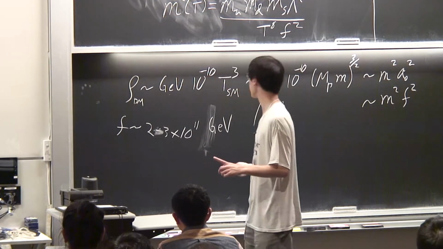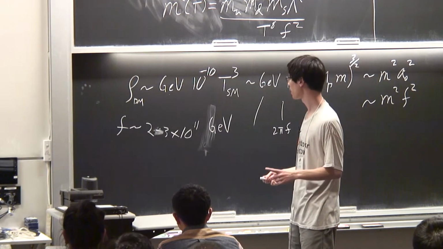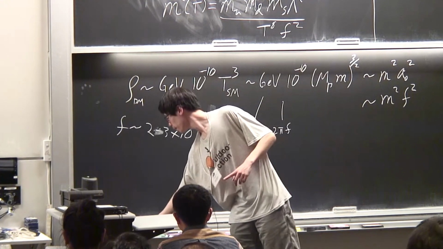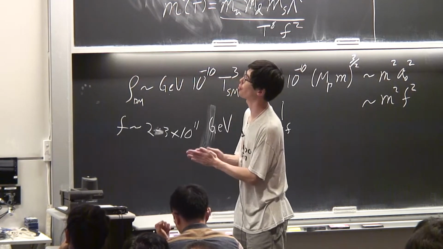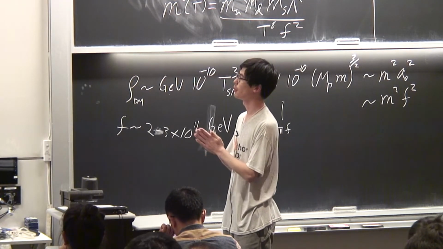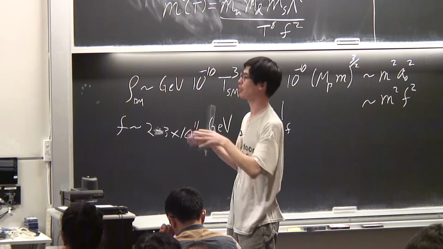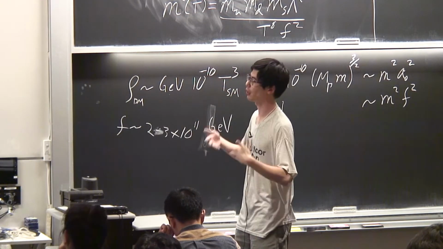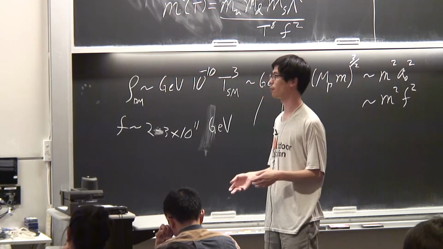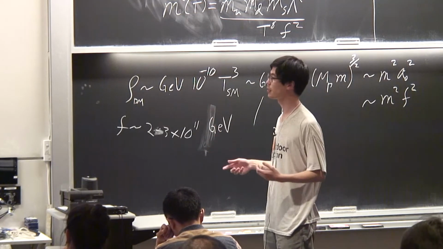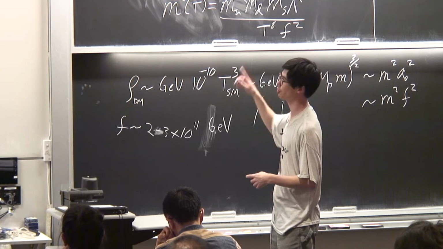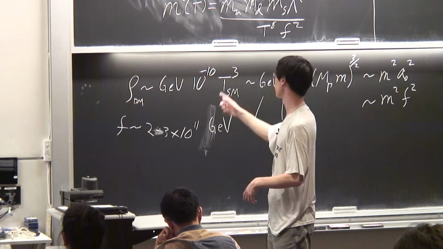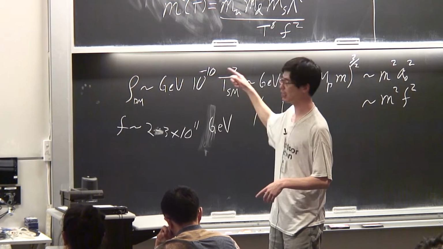Okay, so I guess my time is up. Hopefully I briefly reviewed how you estimate, just back of the envelope, the energy density of light scalar particles. And if their mass term depends on temperature, like the axion, then you have to go through and do this adiabatic approximation.